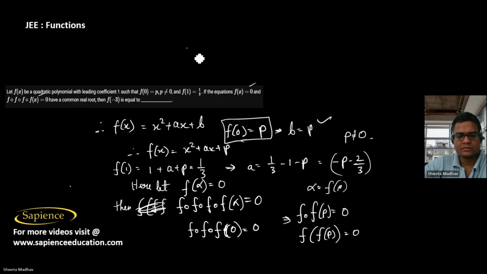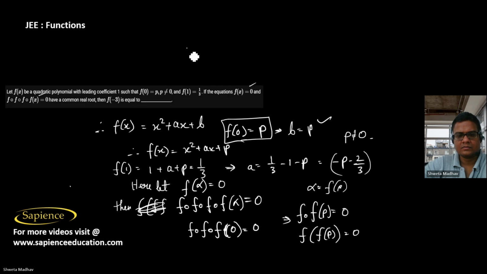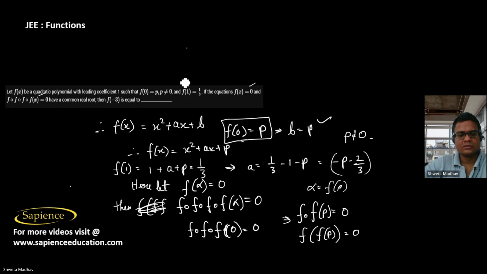p square plus ap plus p. Now therefore f of p will be equal to p square plus ap plus p, whole square.